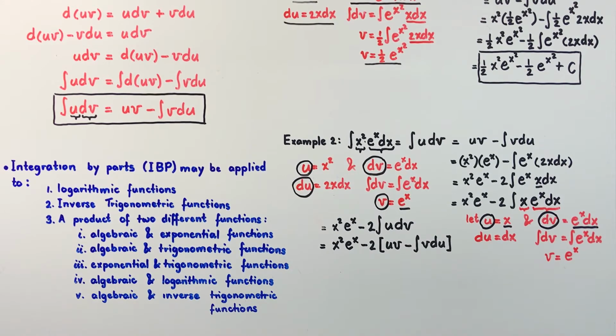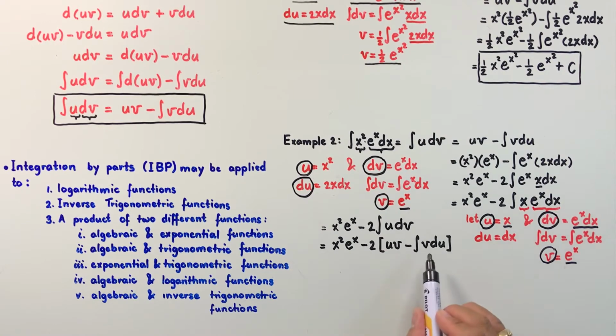So make it a habit that in mathematics we need to use brackets, parentheses, and braces in order to keep things in order. So if you are not using most of the time the brackets, the braces, and the parentheses, then it is a bad habit. So make it a habit this time. So looking at this formula, you need the u and the v here, which is this one.